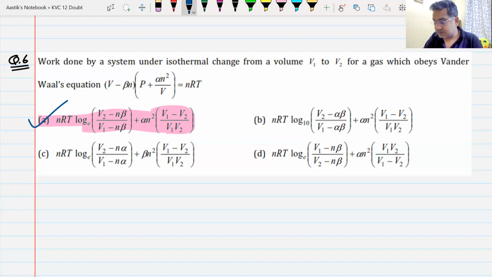This is the next question. And I did this question last year also with the students of JEE of the last year. Online, of course. So this is the question that I did.